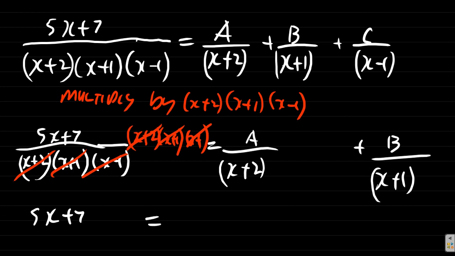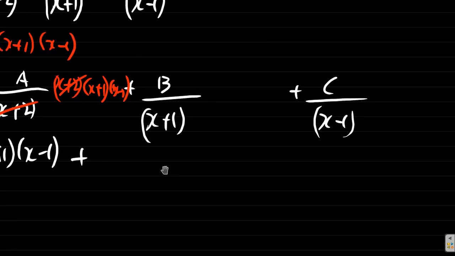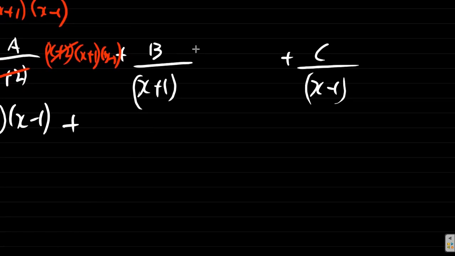Then you say equal. Then you multiply this by x plus 2, x plus 1, x minus 1. X plus 2 will cancel x plus 2. See that? So all you're left with here is a times x plus 1, x minus 1. See? Plus, and then what's going to happen after that? My, this thing keeps jumping up and down. You're going to multiply this by x plus 2, x plus 1, x minus 1, x plus 1 will cancel x plus 1.